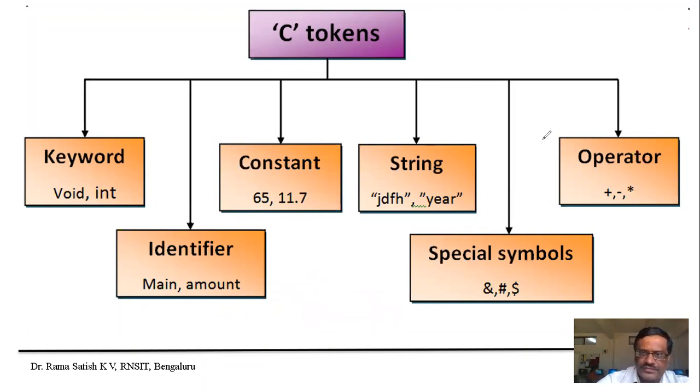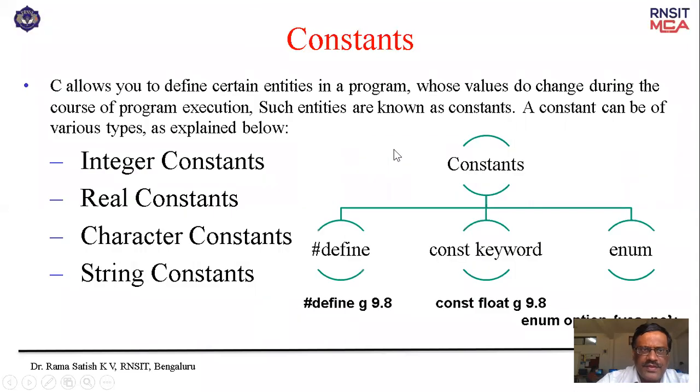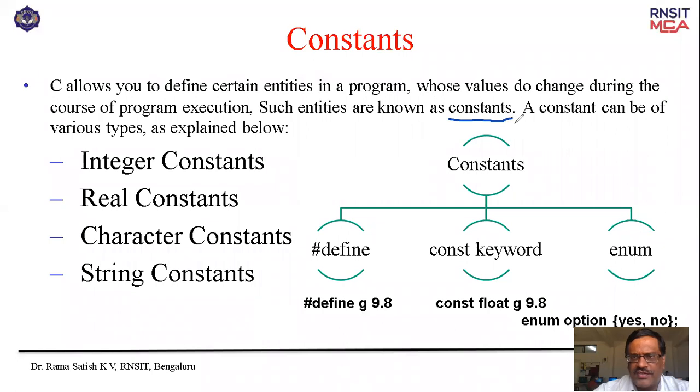Right. And now moving further, the constants. C allows you to define certain entities as constants whose values do not change during the program execution. And such entities, you call them constants.